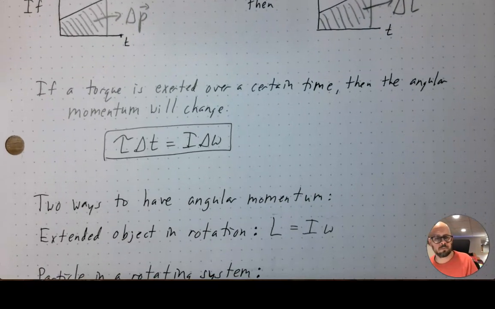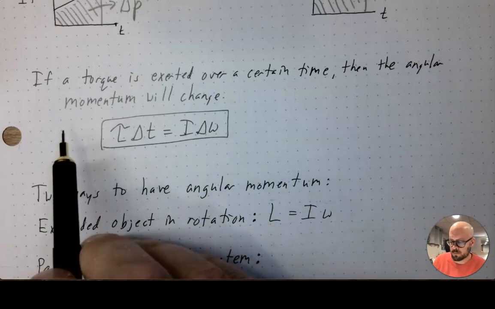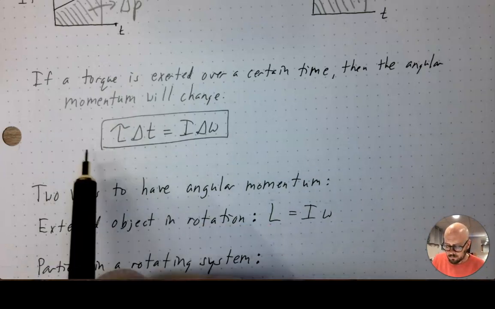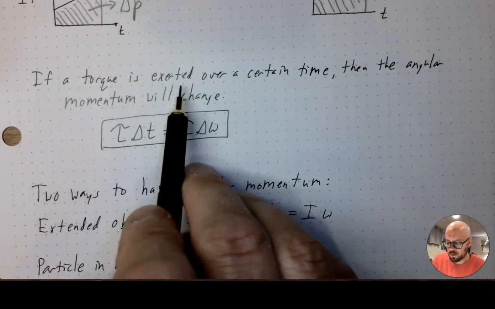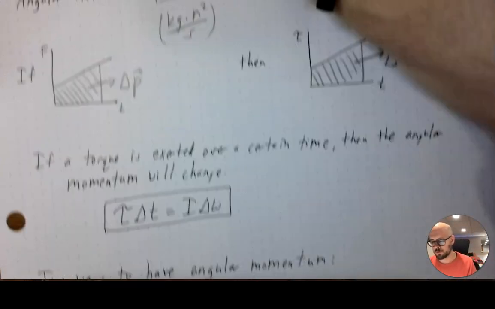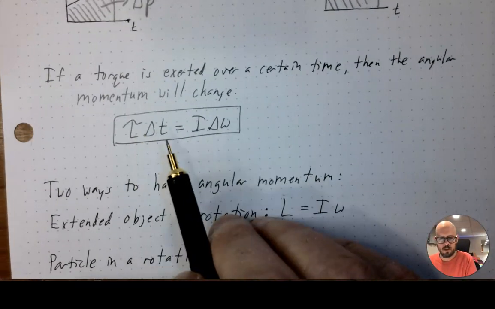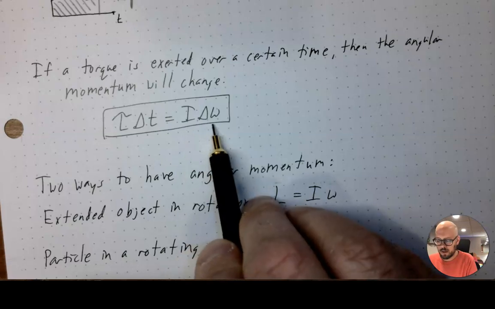All right, the next part is just the impulse-momentum relationship. I don't have anything special to say about this, because again, it works the same way. If a torque is exerted over a certain time, then the angular momentum will change. So if I put these two equations together, the torque acting over time is going to cause a change in angular momentum.